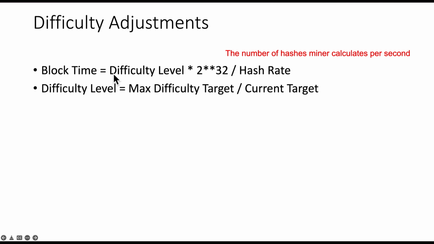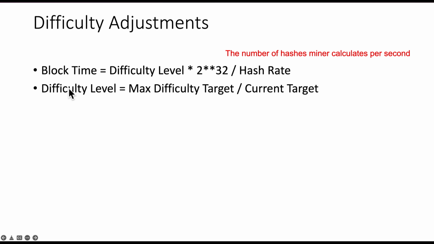So how do we adjust this? First, block time is fixed, and the blockchain network can get its own hash rate very easily in real time, because apparently it knows how many miners it has. So every 2016 blocks, a blockchain will use its current hash rate and block time, which is a fixed number it wants, to calculate a different difficulty level, which is a number.